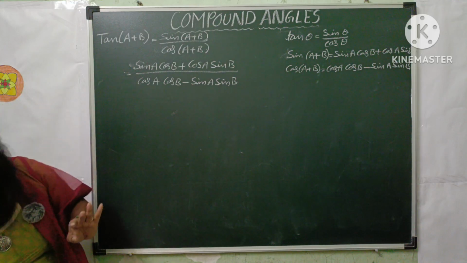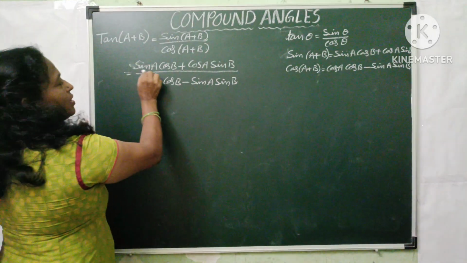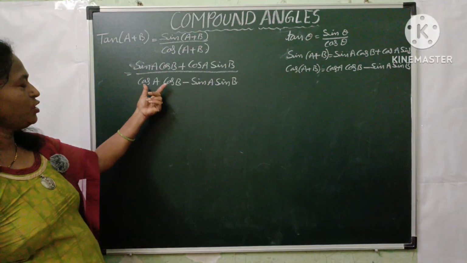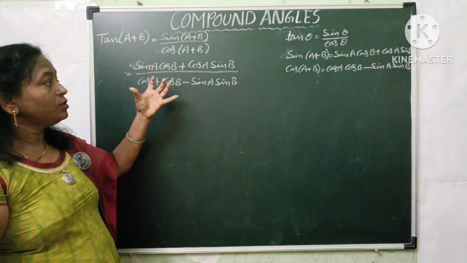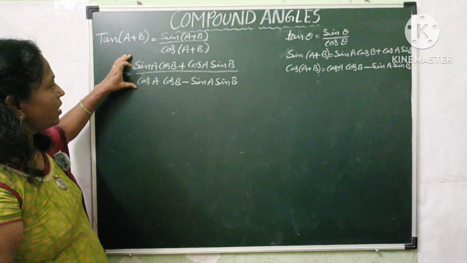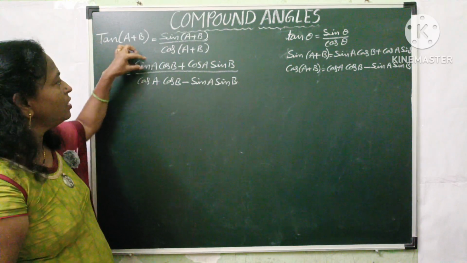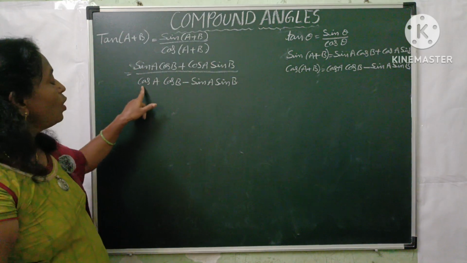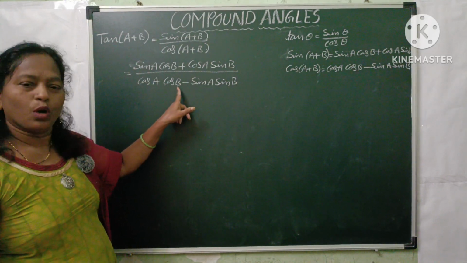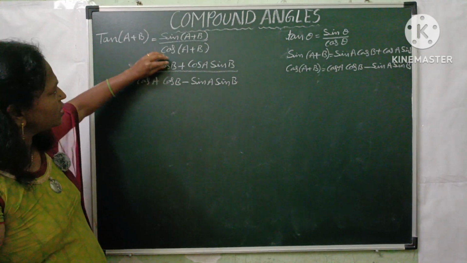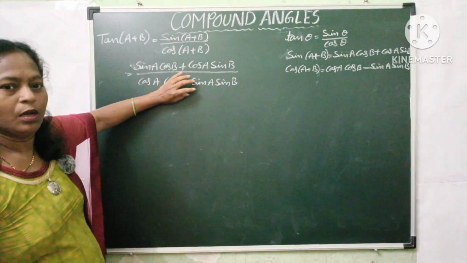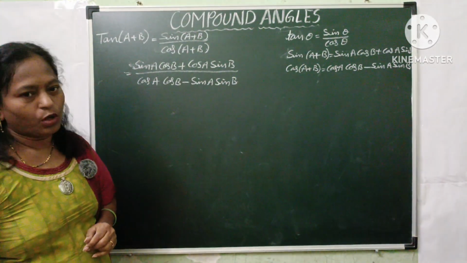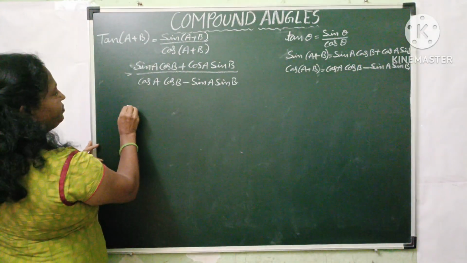Now check here: this is one term, this is one term, and the same ratios are in cos a cos b. So for this entire expression we divide the numerator and the denominator both with cos a into cos b.